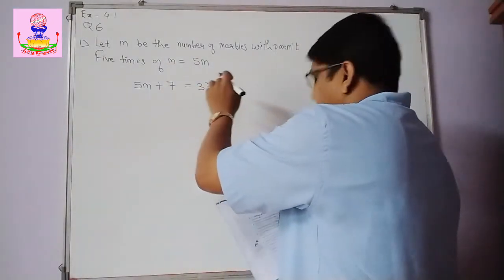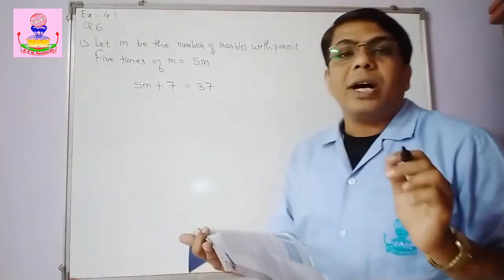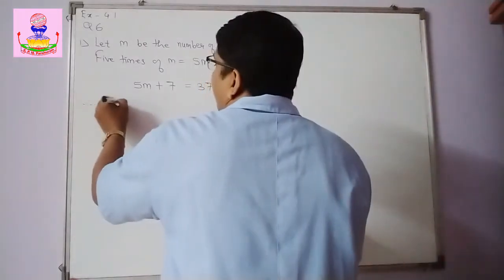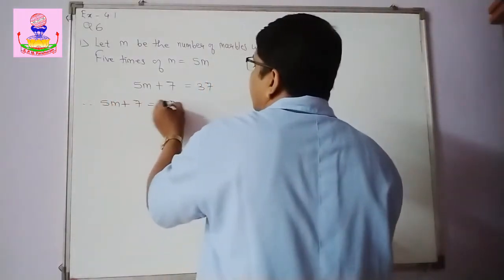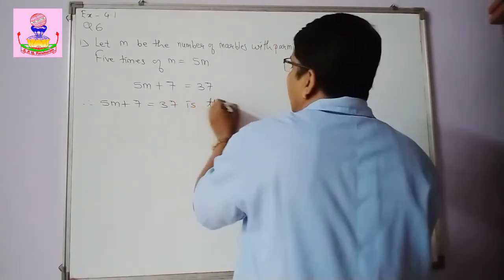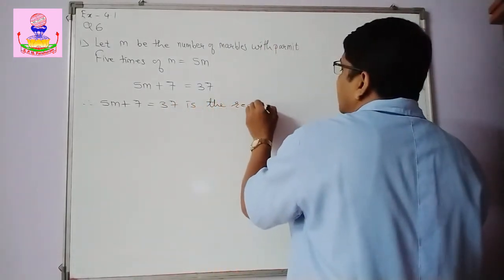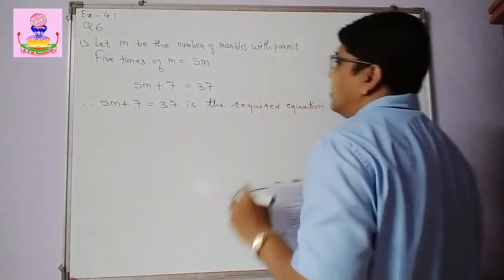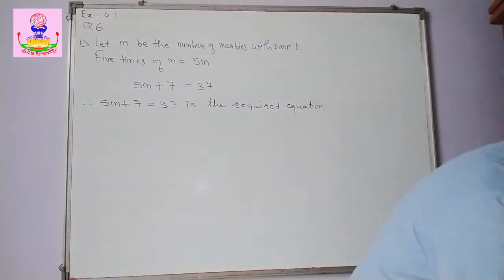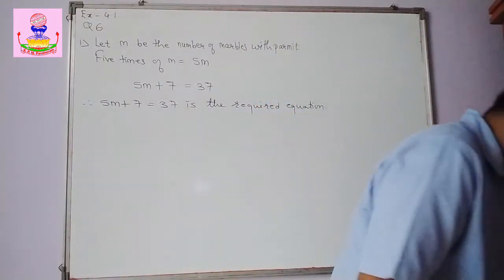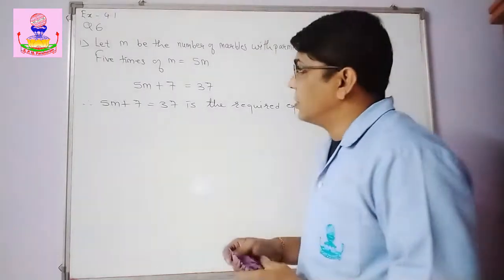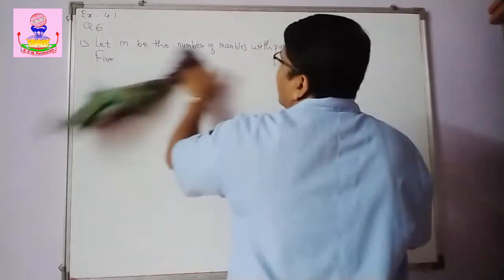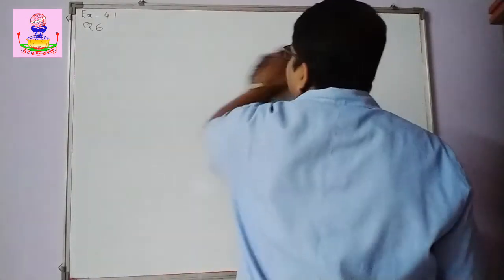So 5M plus 7 is equal to 37 is the required equation. Write the statement. Okay, final statement is important. Now, I feel you have understood this. Next, I will go for the third one.